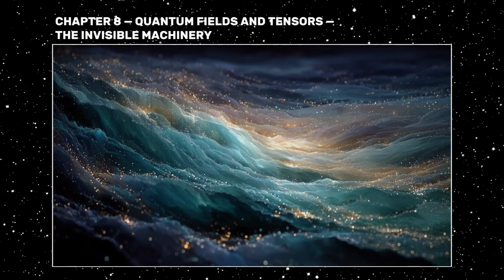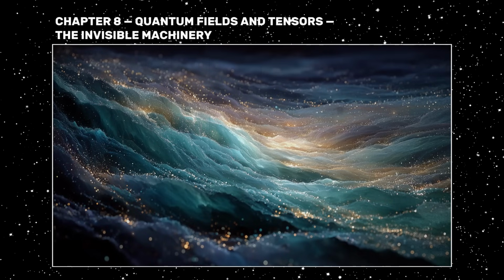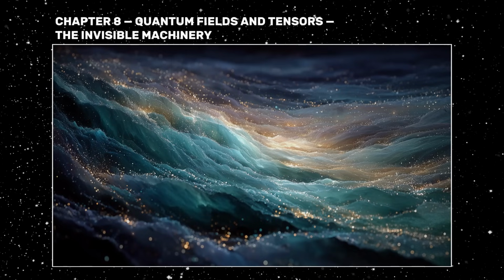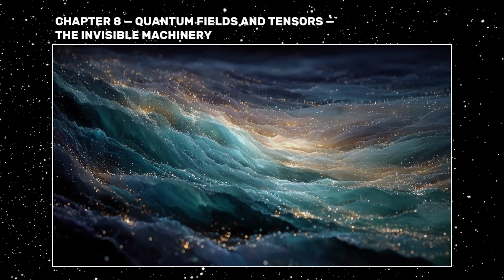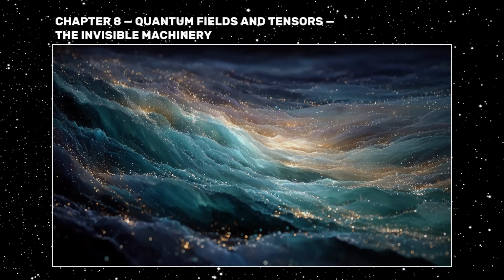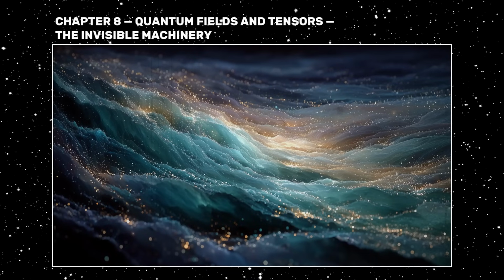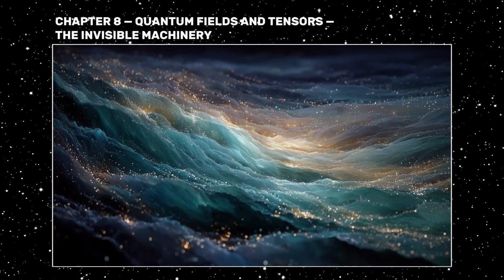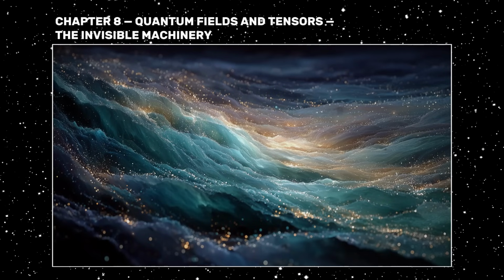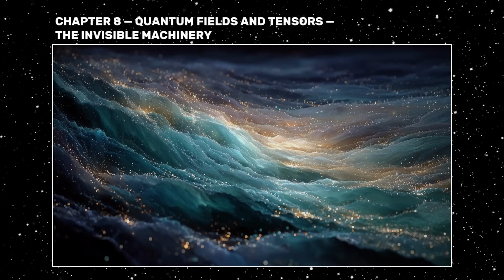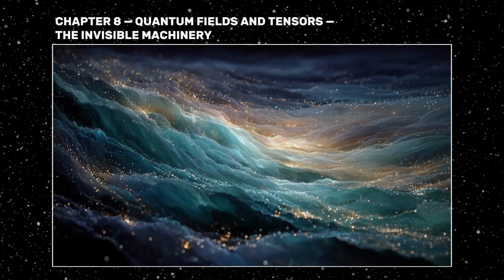Fields therefore come with transformation rules. A scalar field is invariant. Its value at a point does not depend on the orientation or motion of the observer. A vector field has components that rotate and boost like arrows in spacetime. Spinor fields transform in subtler ways that reflect the geometry of spacetime at the level of the Lorentz group.